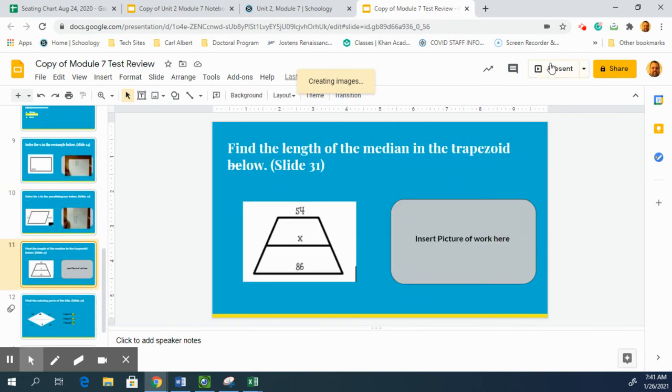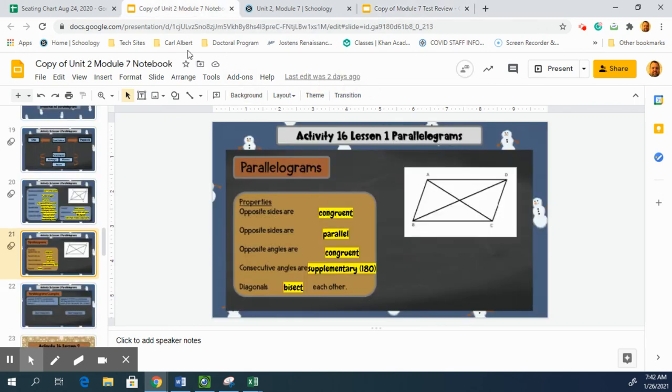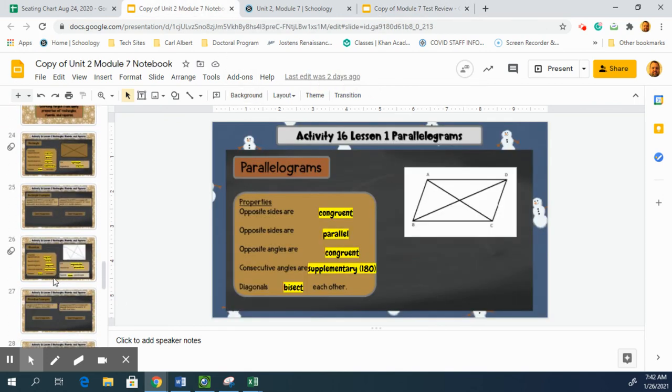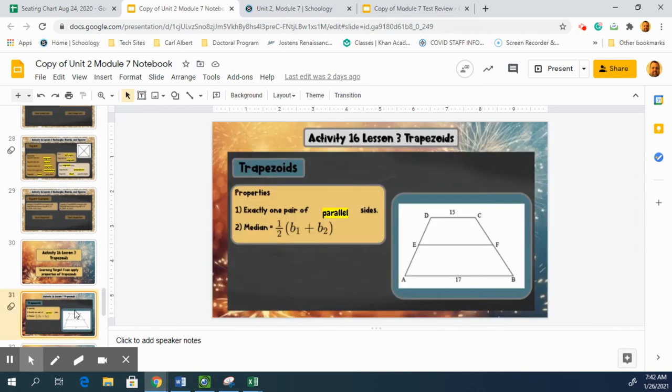All right. This next one. Find the length of the median of the trapezoid. Slide 31. So slide 31 says, to find the median, I take 1/2 of the first base plus the second base. Remember, these two parallel lines are bases. So I'm going to add the bases together and divide by 2.